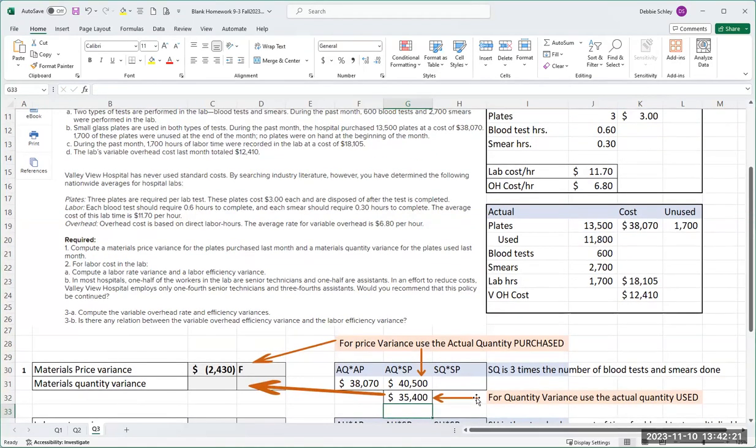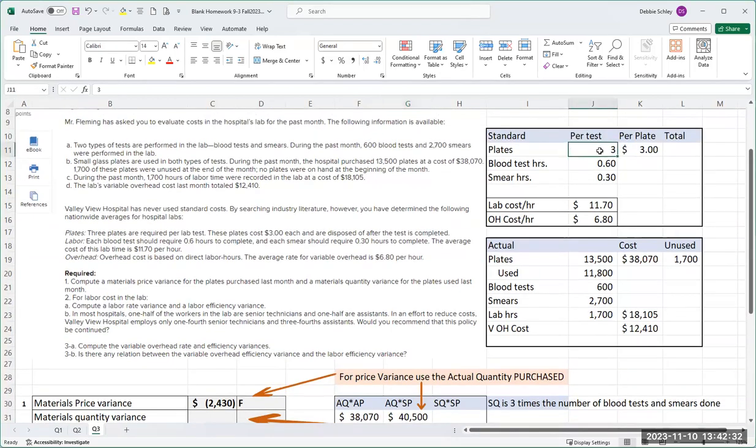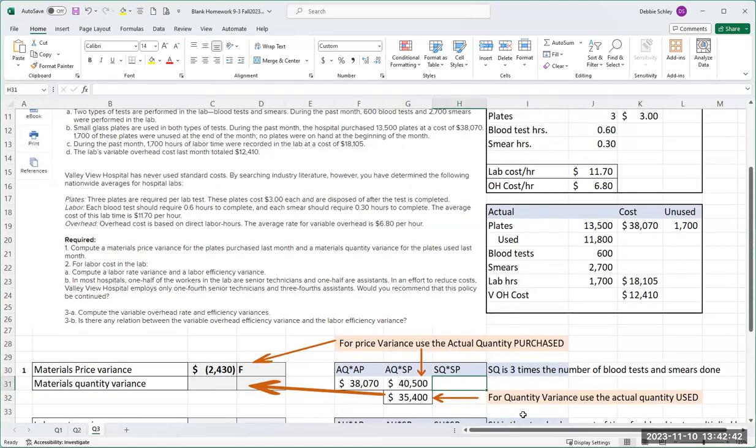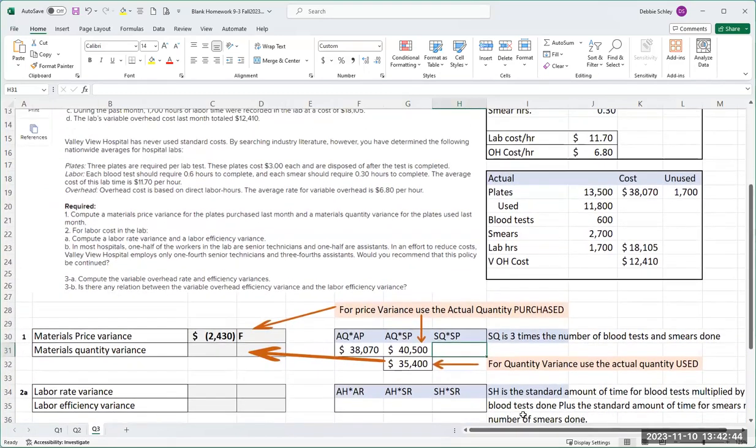Okay. Now, SQ. Remember, SQ is going to be 3 times the number of blood tests and smears done because it takes 3 plates per test. And right now we're just figuring things out per plate. And so to get the standard quantity is going to equal the number of blood tests plus the number of smears.